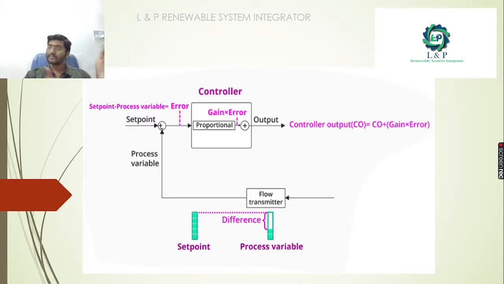If it is a flow, you can calculate in cubic meters or in liters, based on the unit you assign. If you multiply the gain by the error value, you will get the proportional output. And if you want to know the controller output, you need your present controller output plus the gain times the error value. When there is a big difference between the process variable and the set point, the controller will work to compensate for that difference.